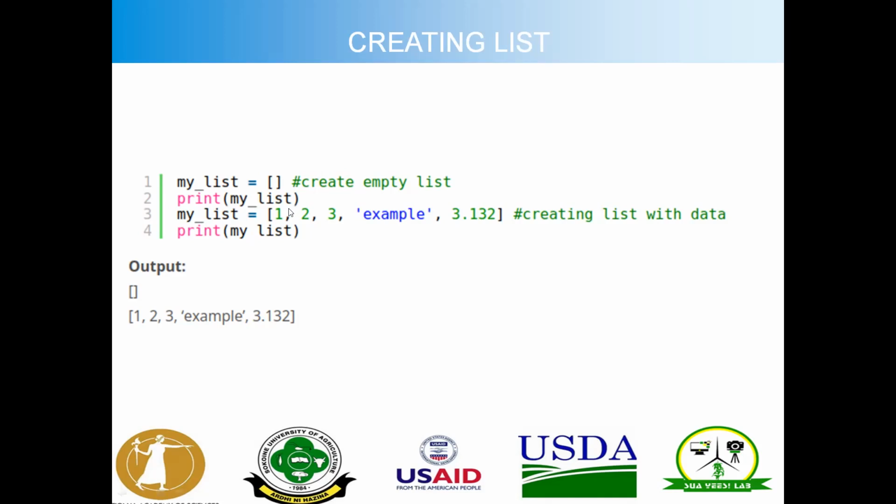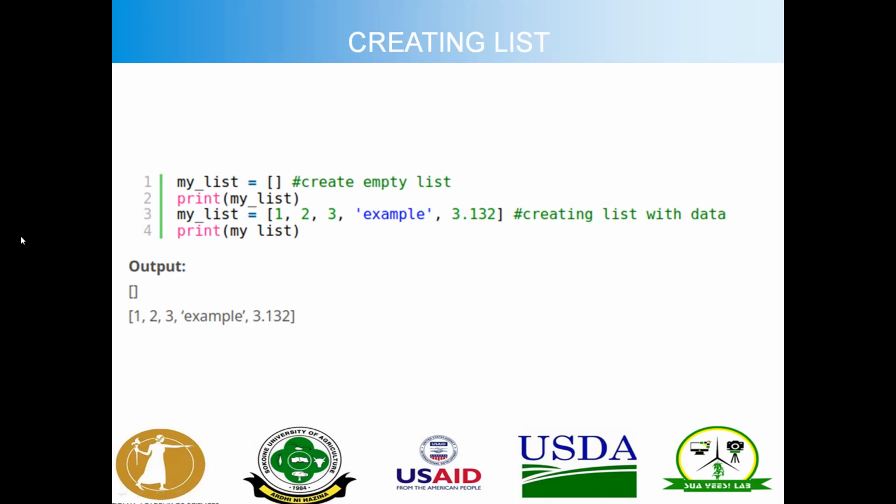How do you know if it is a list? Whenever you find this kind of bracket, the square bracket, with items within, automatically this becomes a list. And if you want to see the items, you can use the same function print to preview the items within the list.